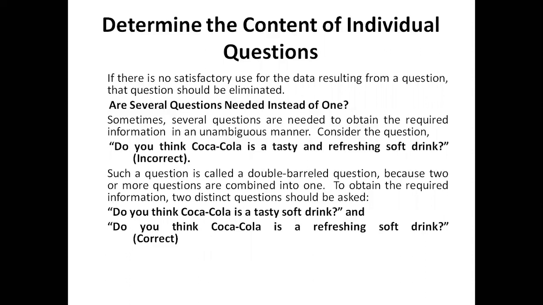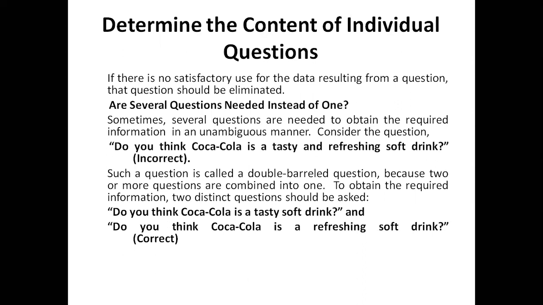And the second part of the questionnaire is the personal details of the respondents. The personal details like name of the respondent, age, gender, annual income, mobile number, email ID, address, family size. All this information will be collected in the personal details.